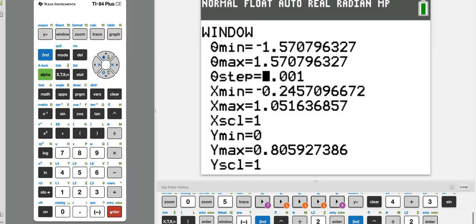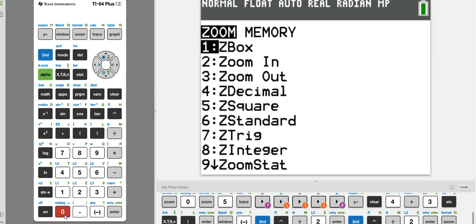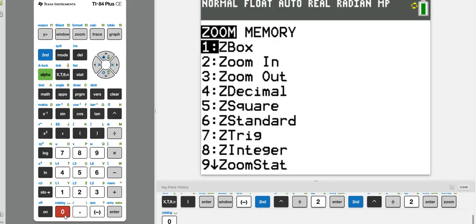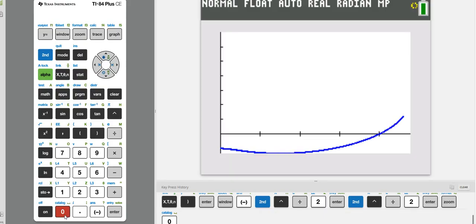And then I'll let my calculator do the rest of the work with the good old zoom fit. So zoom 0. And there you go. It's tracing it out pretty much like we had hoped and expected.